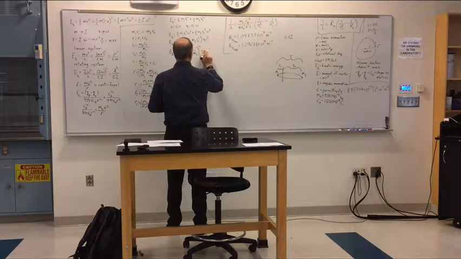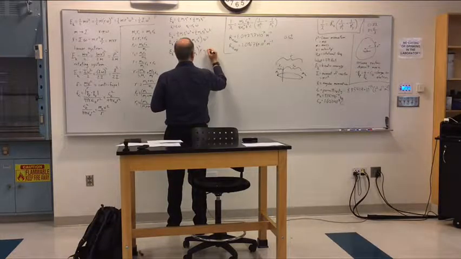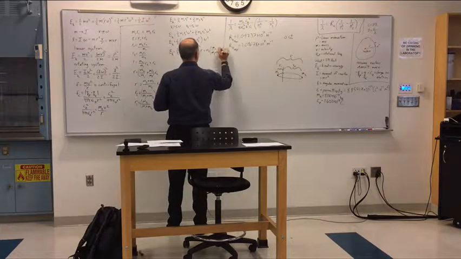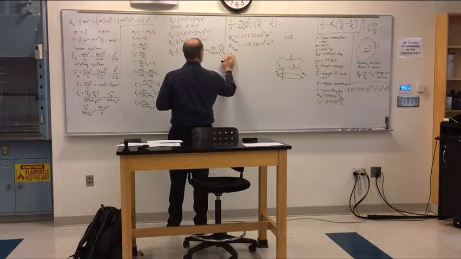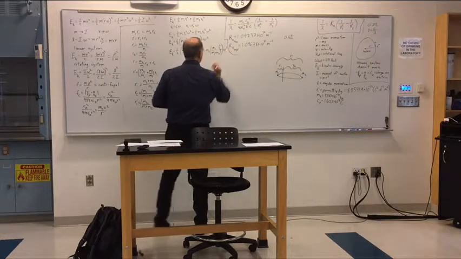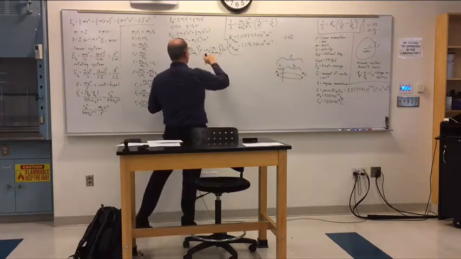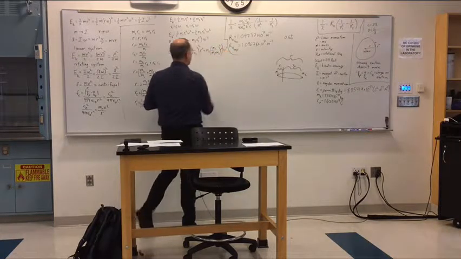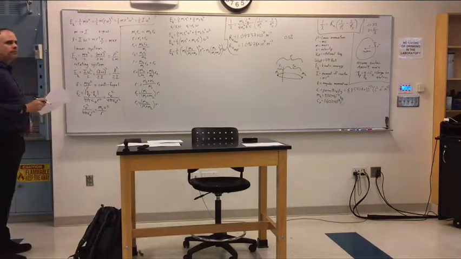Plus m2 times m1 over m1 plus m2, times R, squared, times omega squared. I've got R squared on both of them, so I just pulled it out.